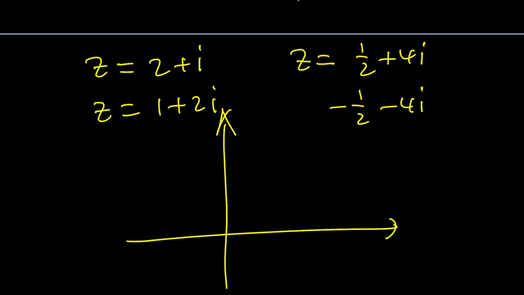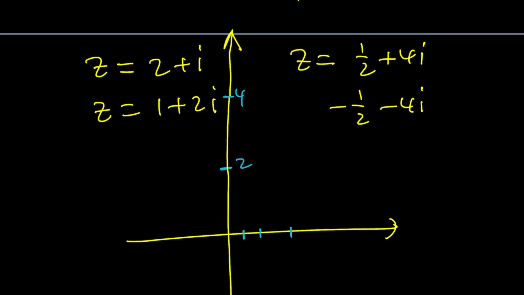2 plus i, let's see if we can kind of scale it appropriately. I'm going to use 1/2, so let's make the 2 a little bigger. So suppose this is our 2, and then I'm going to break it down like this. So 1/2 plus 4i, I'm probably going to need a little bit more here. Let's make our axis taller, right? And here, this is going to be like 4.